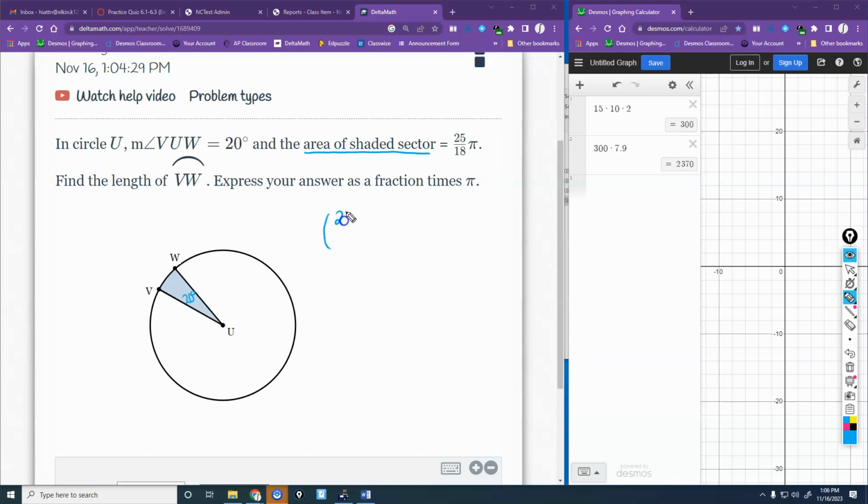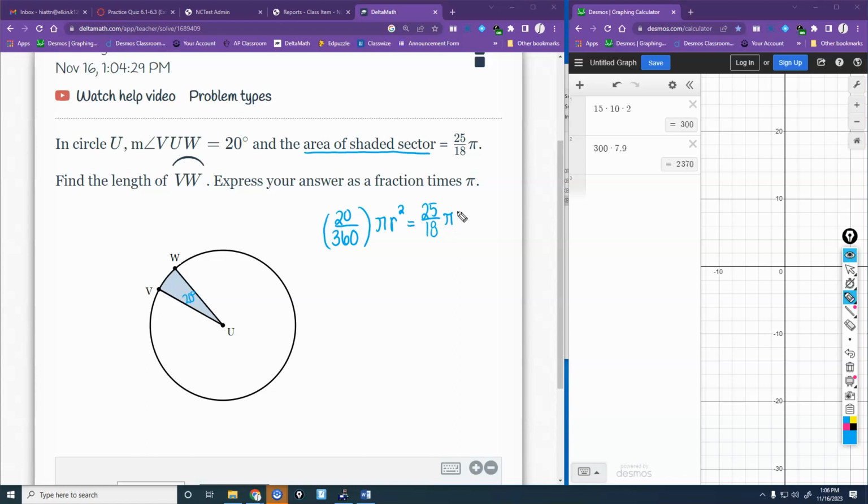So we'll do 20 over 360 times the area. So pi r squared is supposed to equal 25 over 18 pi.